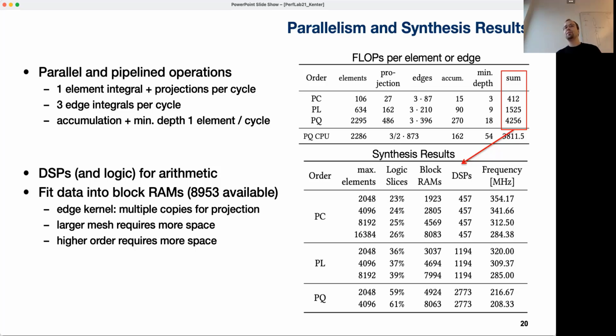One is if you try to implement the entire edge or element integrals on a single stream multiprocessor, you tend to run out of local memory or registers for this individual CUDA core. On the other hand, if you try to distribute this small inner loop onto the individual CUDA cores, you get a problem with getting all the parallel operations that you actually need for a GPU implementation. So there are some challenges.